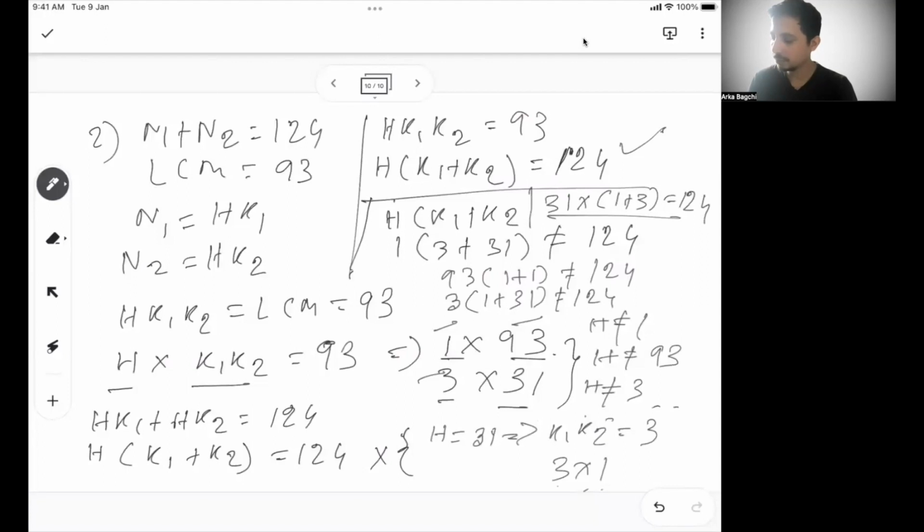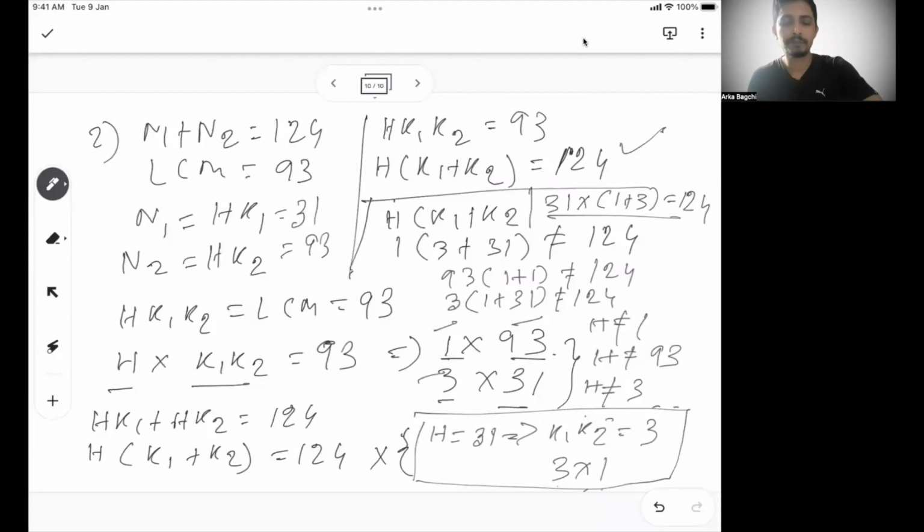So the only possibility is this: H is 31 and K1, K2 is 3 into 1. So your N1 in this case will be 31 and 93, or it will be 93 and 31. So what we did, we finally break this and create multiple scenarios and see which scenario satisfies all the conditions, and which scenario does not satisfy all the conditions.